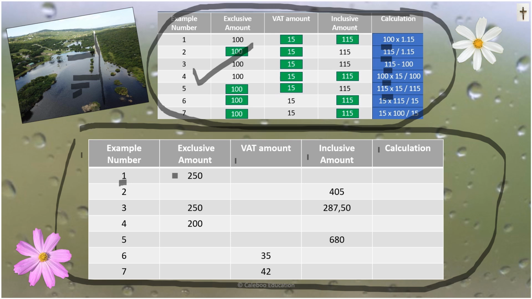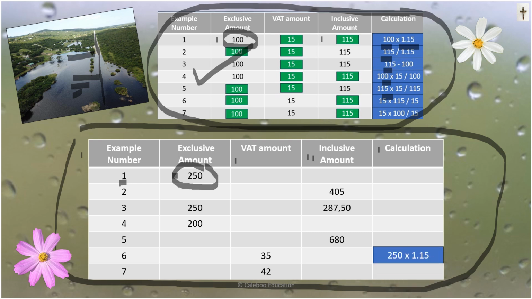If I go back to our original table, there we're given an exclusive amount of 100 and to move to the inclusive amount, we multiply it by 1.15. So it is no different when we're given a number and I want to get to 115%.